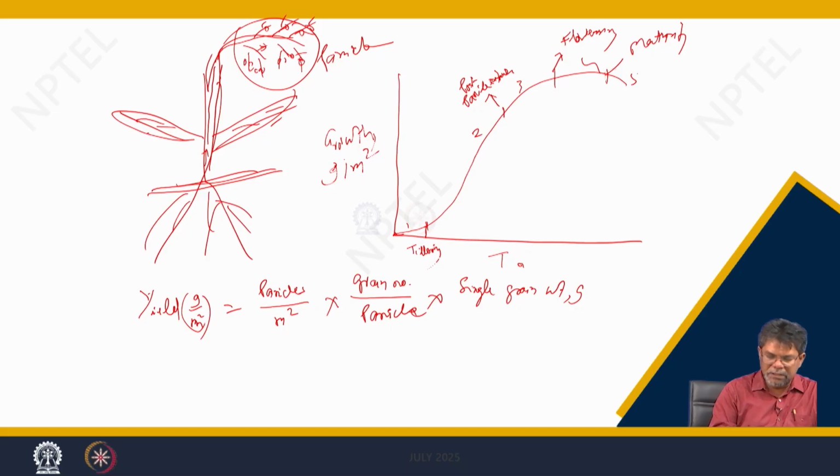Panicles per meter square times grains per panicle gives grain number per meter square. If you know the single grain weight in gram, then you get grams per meter square. This is how the rice yield is calculated.